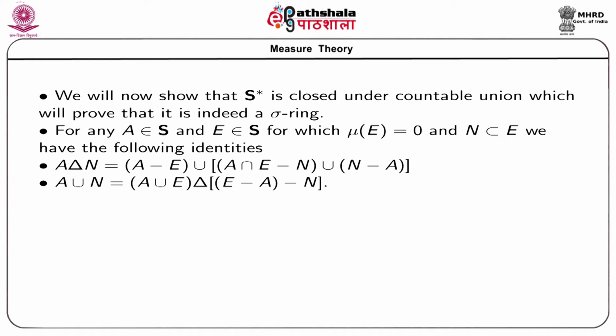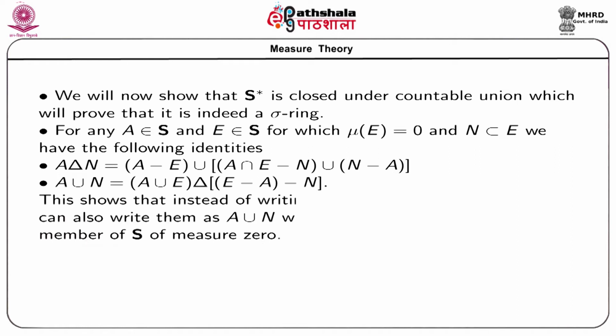A delta n can be written as A minus E union A intersection E minus n union n minus A, and A union n can be written as A union E delta E minus A minus n.